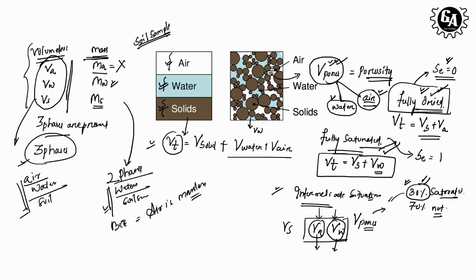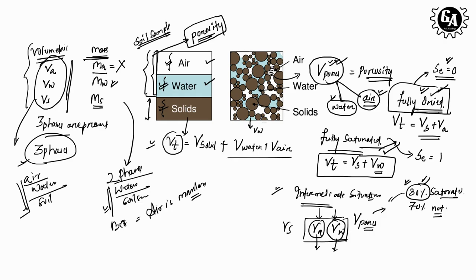And for the degree of saturation, you can see this is the volume of solid and this is the volume of pores, this is the total porosity. All the pores are partially filled by water and some are unfilled.